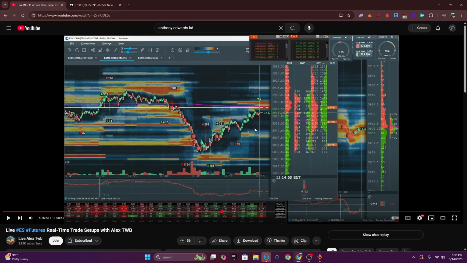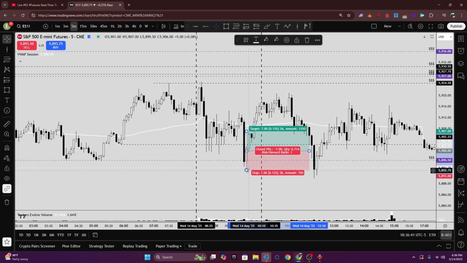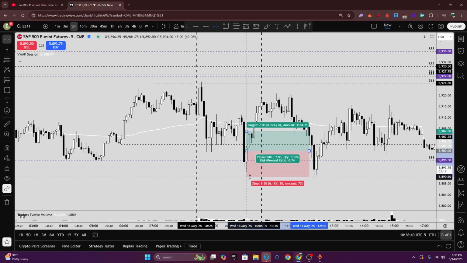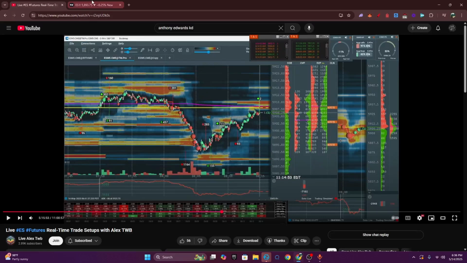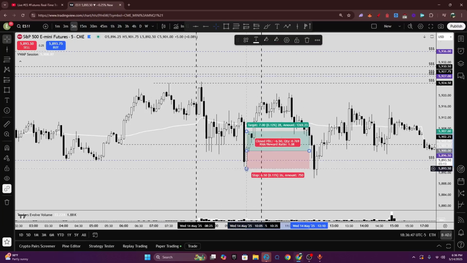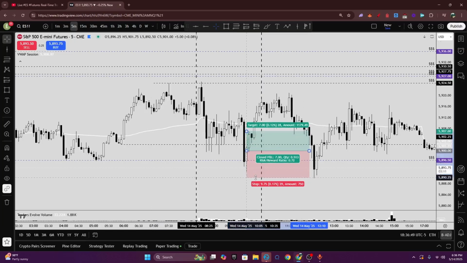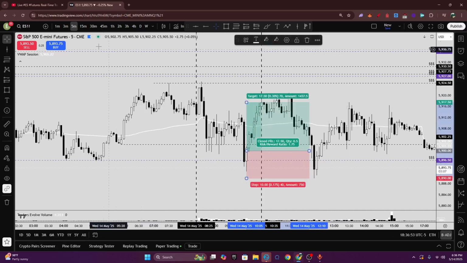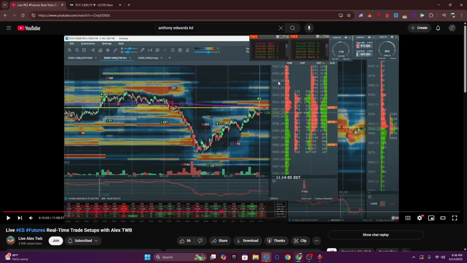Stop loss below this barrier, so around 5890, targeting invalidation, which would have likely been around 5920.